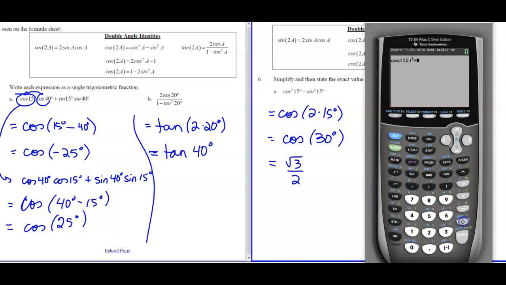That minus sine 15, close the bracket, squared. That's the decimal form. Now root 3, divide by 2, you get the same thing. So you know that you've done it correctly.